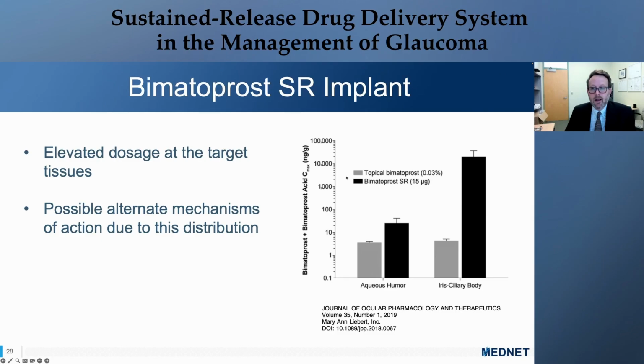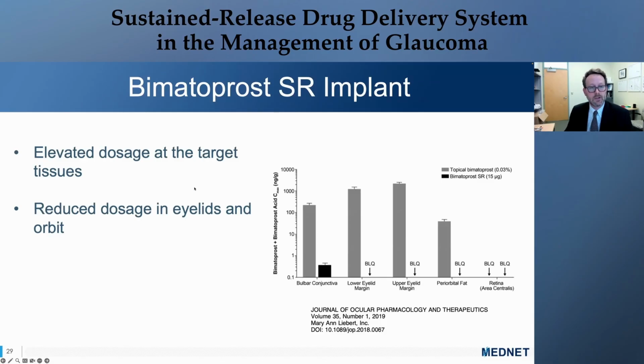You see an elevated dosage of bimatoprost with the implant in the iris and ciliary body compared to bimatoprost drops, log orders higher than the levels we get with a bimatoprost drop. With this higher dosage delivered to the target tissue, there's a lot of interest in possible alternative mechanisms of action due to this distribution, and we might get a prolonged effect, which has been suggested in some of the clinical trials on the bimatoprost implant.